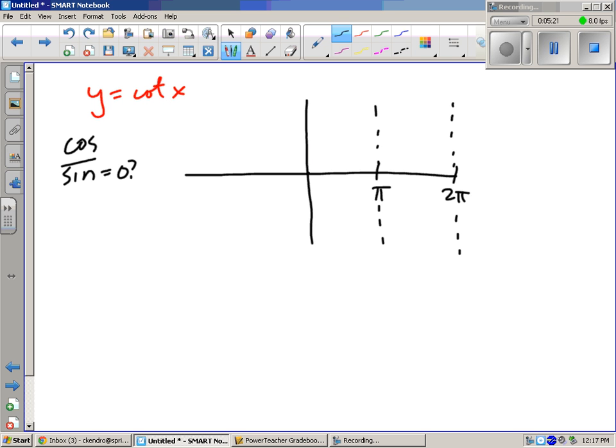And then cotangent, you can think of it as flipped over tangent. So instead of rising, cotangent is going to fall. And it's going to look like that. So that's two waves. Notice that it's still pi for one full wave, but it's just moved over and flipped around.